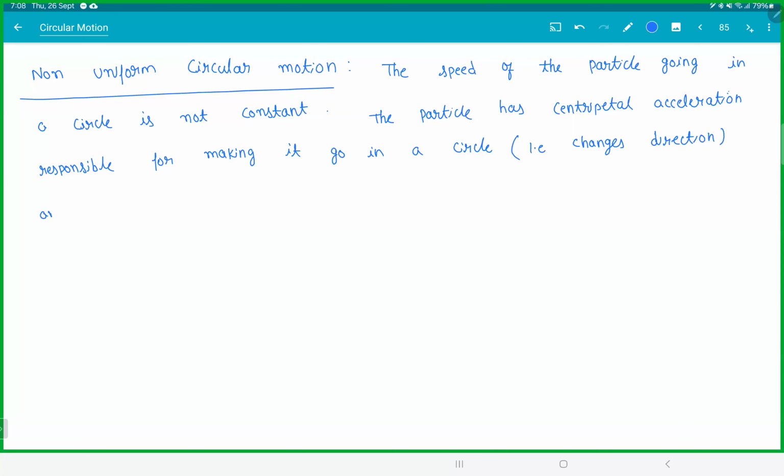And now, on top of it, we have an additional tangential acceleration. Right? This is responsible for changing the speed. Makes sense?